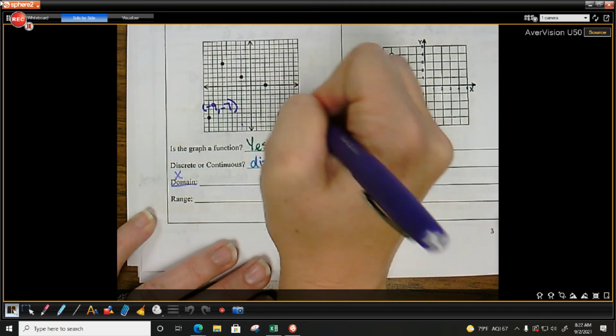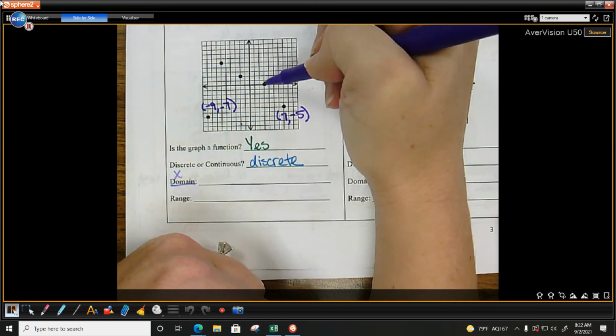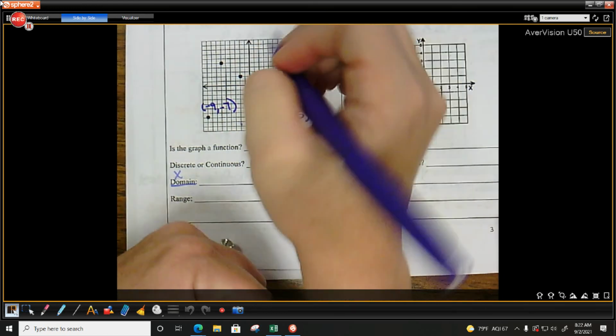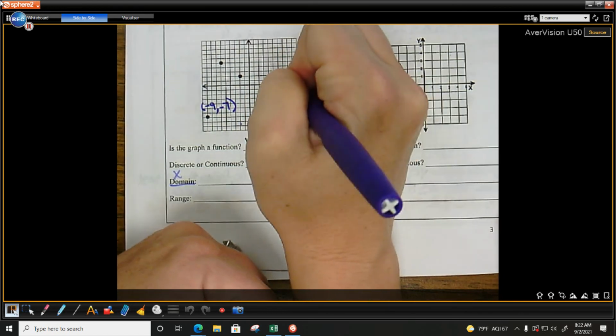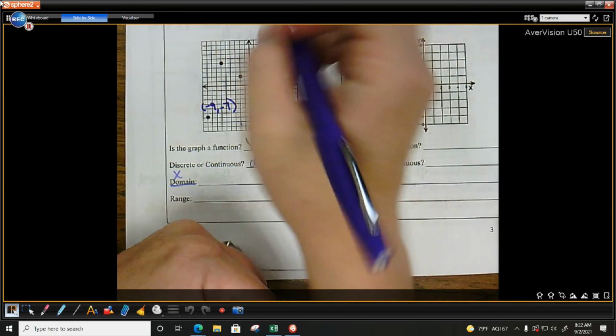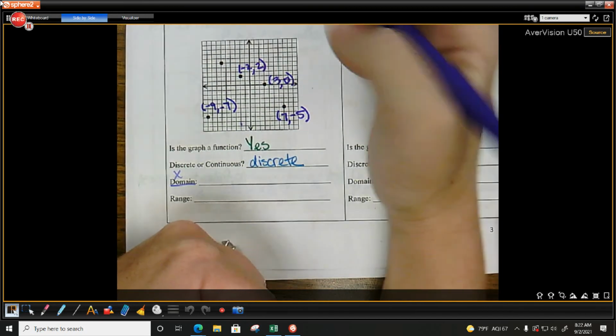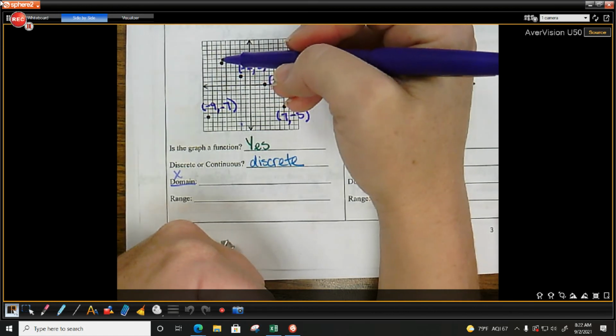3, 0. You go side before you go up and down. What's this ordered pair? -2, 2. Because we went left, left is negative. And then what's this ordered pair? Very good. So my x's.